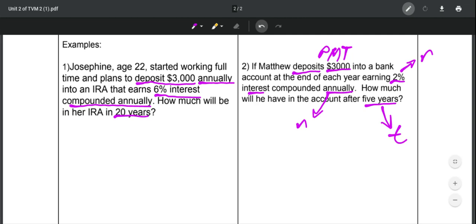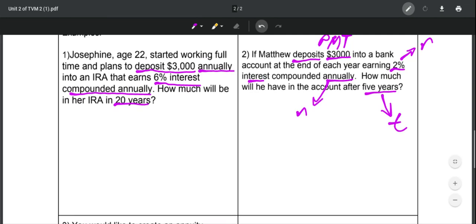My number of times it's compounded is N. And then my number of years, which is T, my time is 5 years. So you could also do that if you wanted to, just to save yourself a little bit of writing. The only thing you really have to remember is that I equals R over N. So that would equal 0.02 over 1, which is just 0.02.